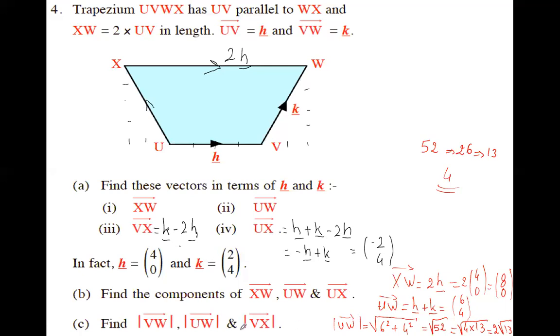So now VW. Did we do VW? We need to do VW first. VW is k. So from V to W is k, and on k, I've got components 2 and 4. So to find the magnitude of VW, you just write the square root of those two components.